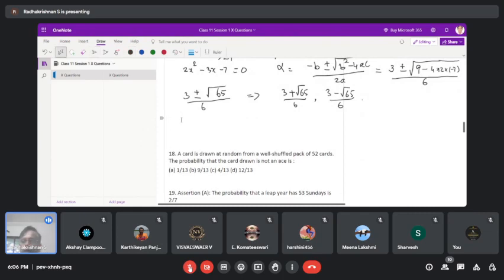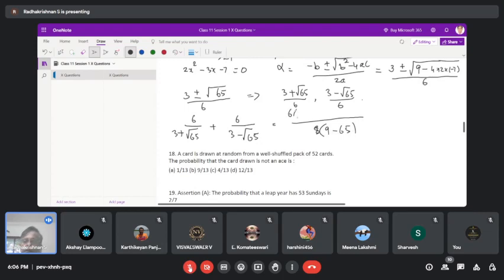Now you want to find out 1 by alpha plus 1 by beta. So this is alpha, this is beta, right? So 1 by alpha will be 6 by 3 plus root 65, plus 6 by 3 minus root 65. So you have to again take the LCM, which will be 3, 9 minus 65, the product. A plus B into A minus B is A square minus B square, right?